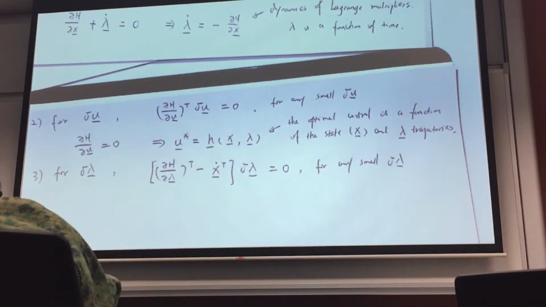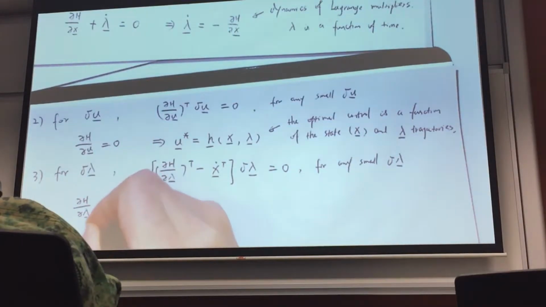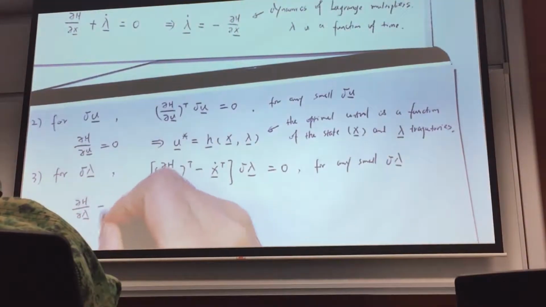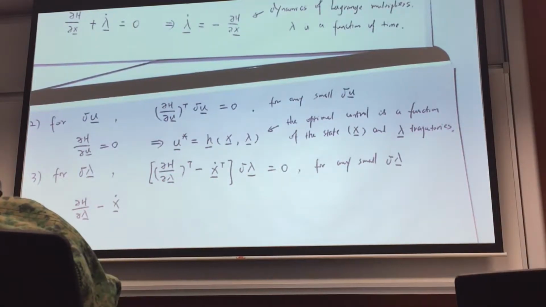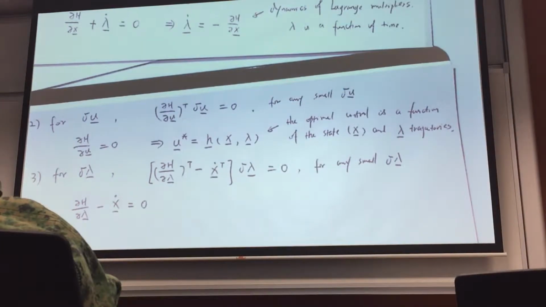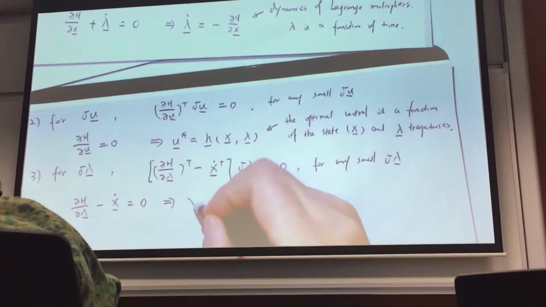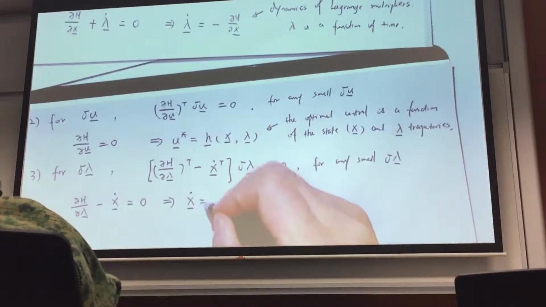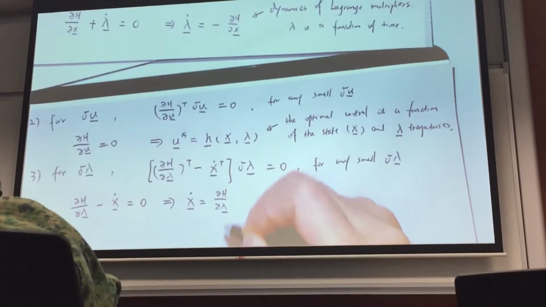Then we must have dH d lambda minus x dot equal to 0. So from this, we have x dot equal to dH d lambda.